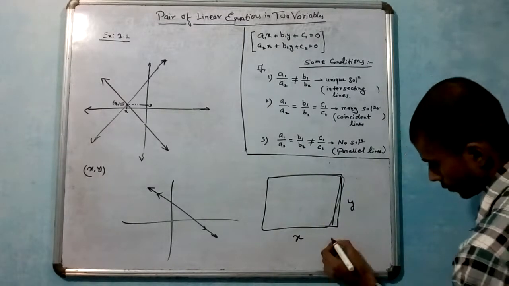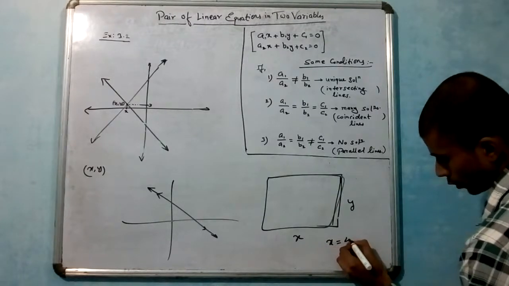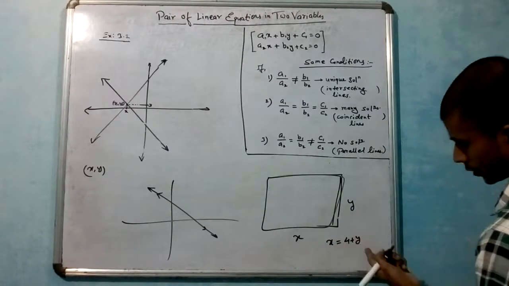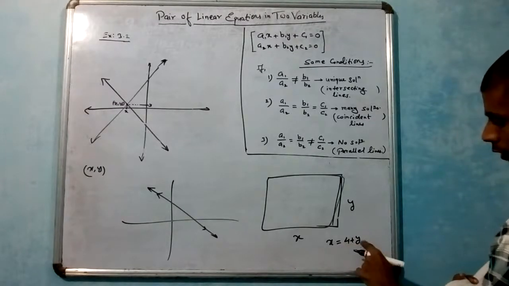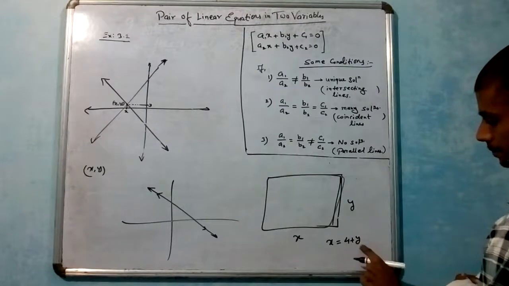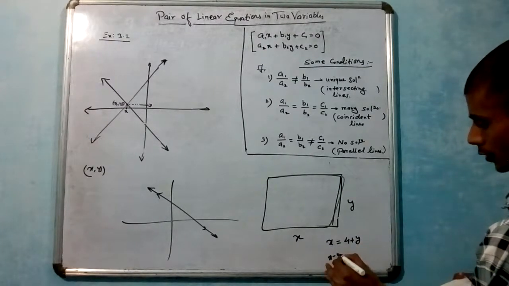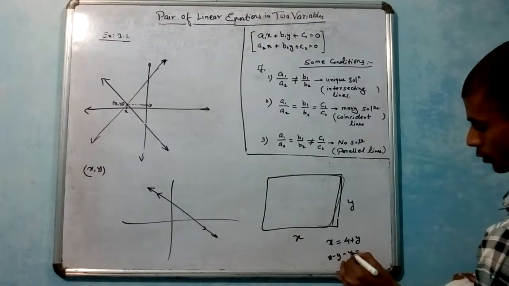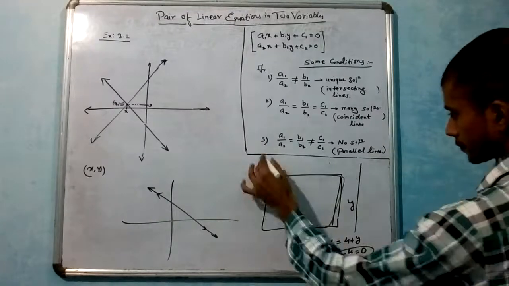So x is 4 more than y. This is the thing. Length is 4 more than y. More means plus. So this is the first equation, x minus y minus 4 is equal to 0. Now the second equation.